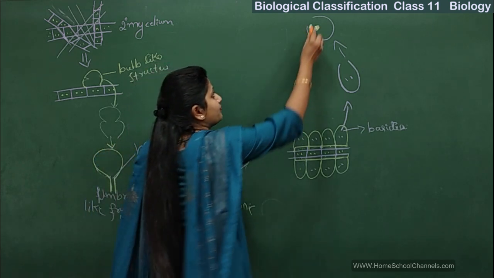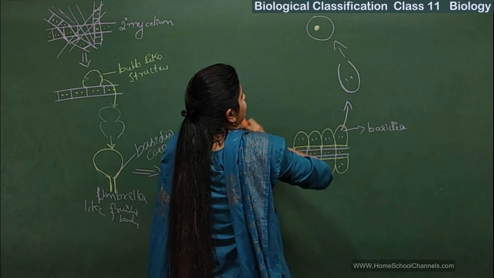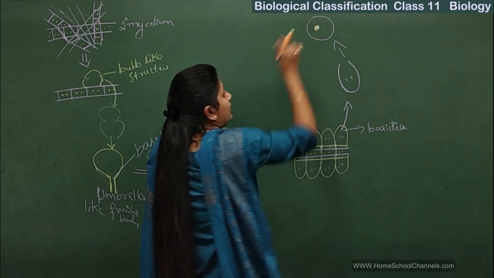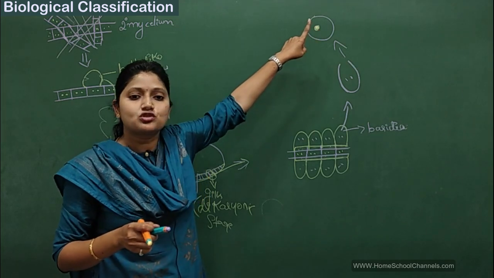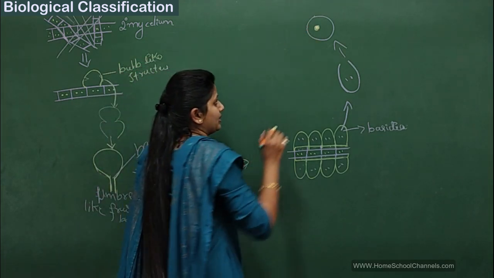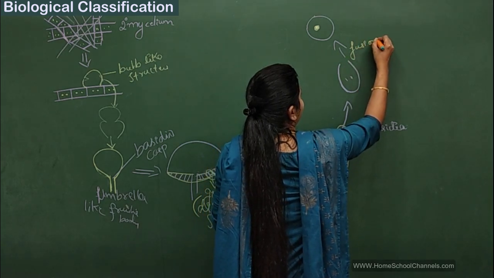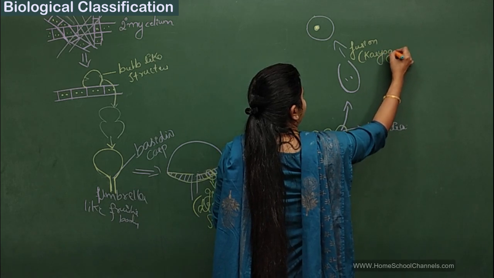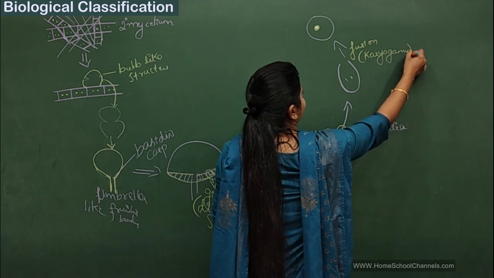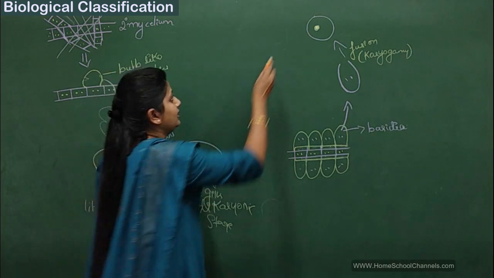So this particular basidium has a fused nucleus now, and that fusion is called karyogamy. So here fusion takes place, that is karyogamy.